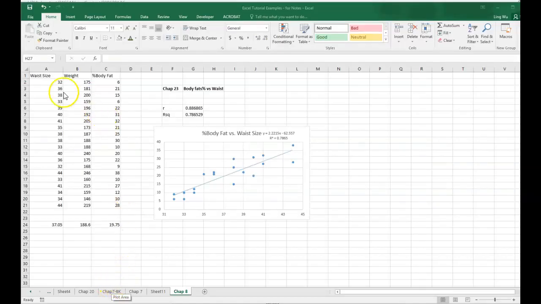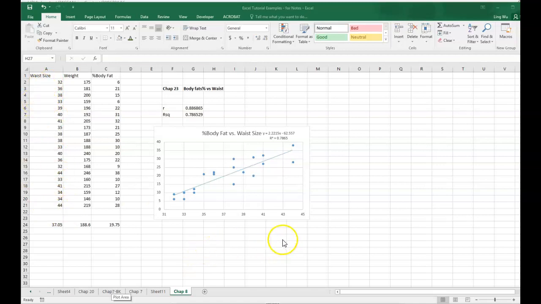In the Excel, that's the data file. The data set in this example contains 3 categories, but the only 2 we want to talk about in this example are the percentage body fats versus the waist size. This only contains 20 samples.